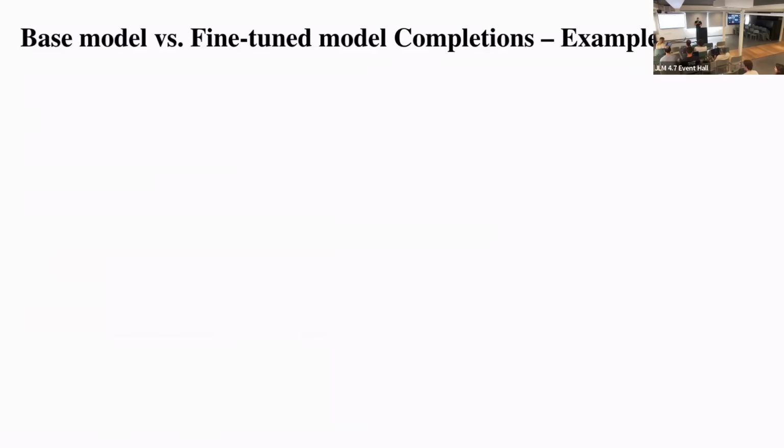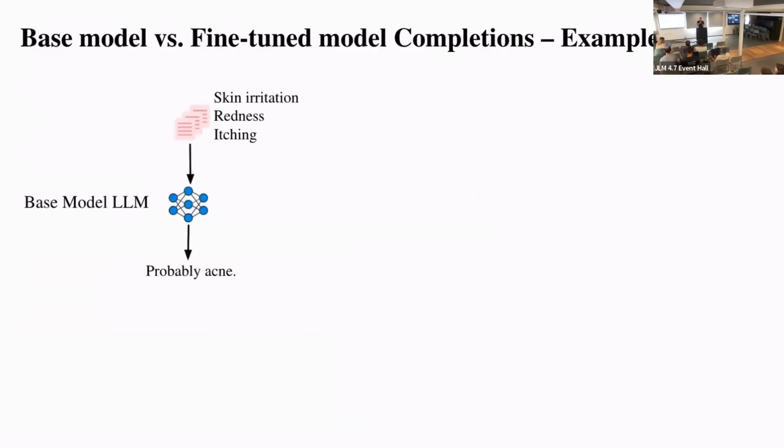Okay, second example. Now let's take, for example, symptoms of some patient. So we have skin irritation, redness, and itching. And we are asking a base model LLM, what are these symptoms? Like, give me some diagnosis. And the LLM says it's probably acne. So this is like a general response.